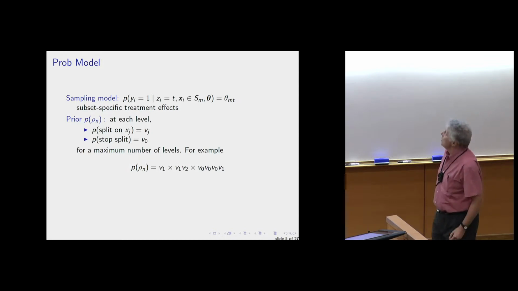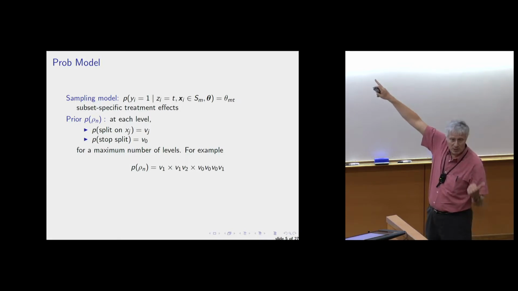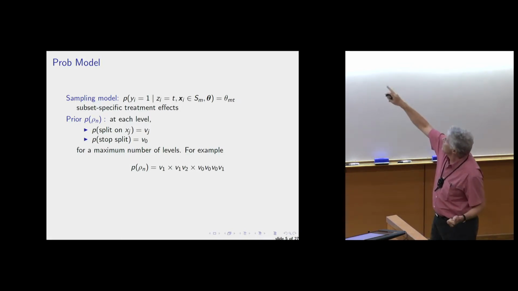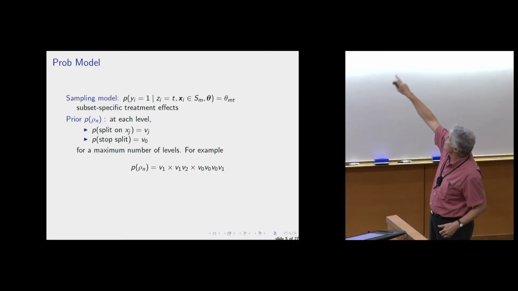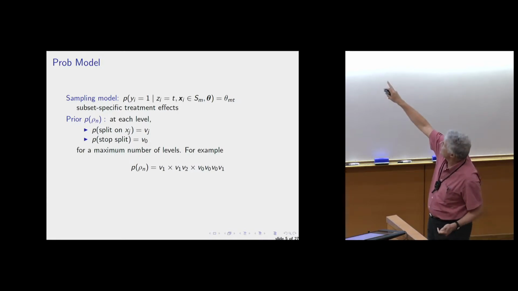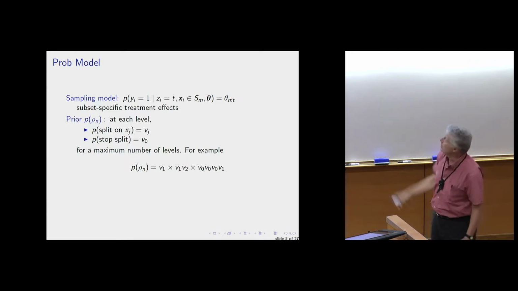That way you can write down the probability for any partition. For example, for the partition on the previous slide, in the first step we split on the first covariate, so that would be V1. In the second step, we split on the second covariate for the second subset, on the first covariate for the first subset, so that's V1, V2. And then we stop splitting on some of them and split one more time on the first covariate on one of them. It might be different from the picture on the previous slide, but it could look something like this.